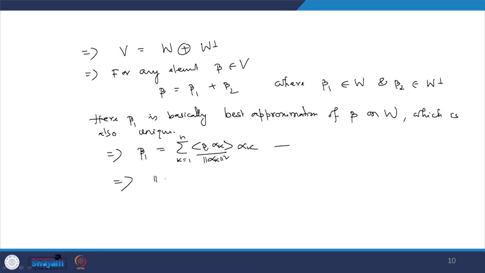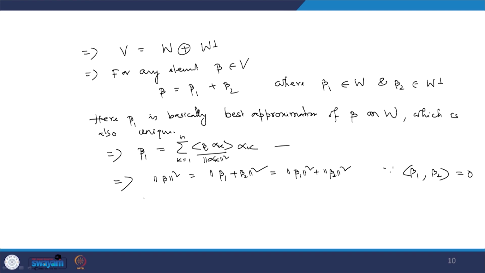Now, norm of beta squared is equal to norm of beta 1 plus beta 2 squared. So, this is equal to norm of beta 1 squared plus norm of beta 2 squared, since the inner product of beta 1 and beta 2 is equal to 0.